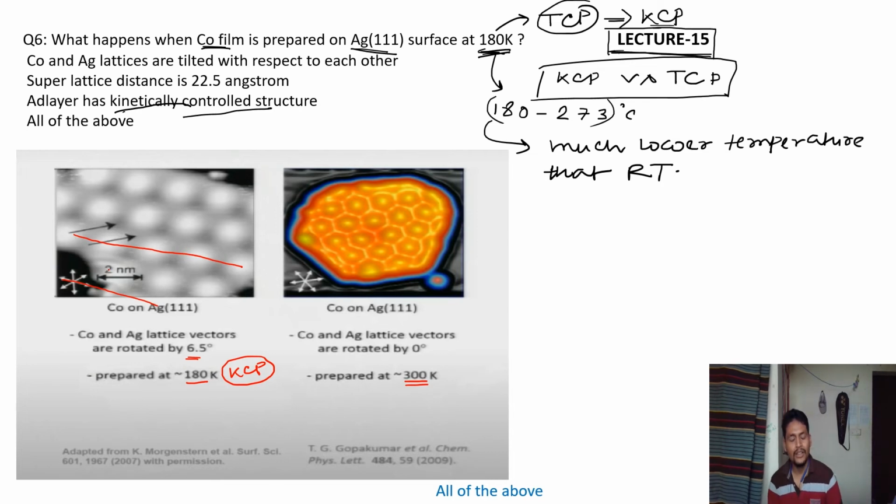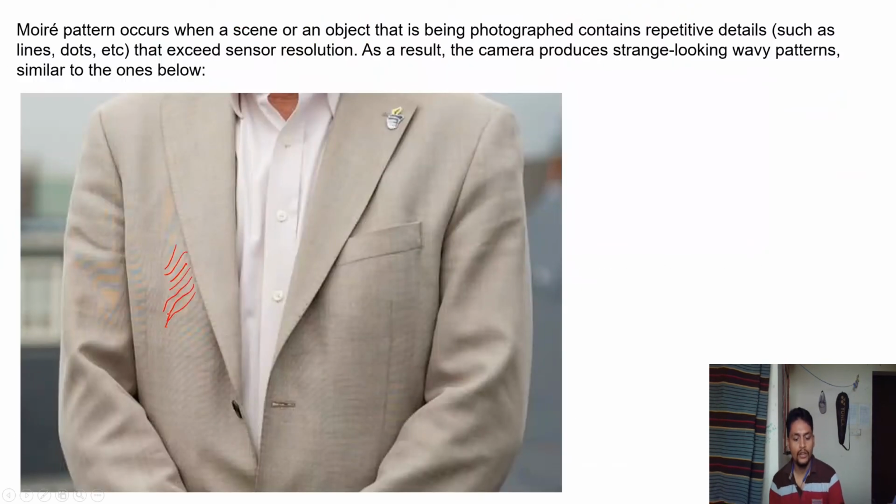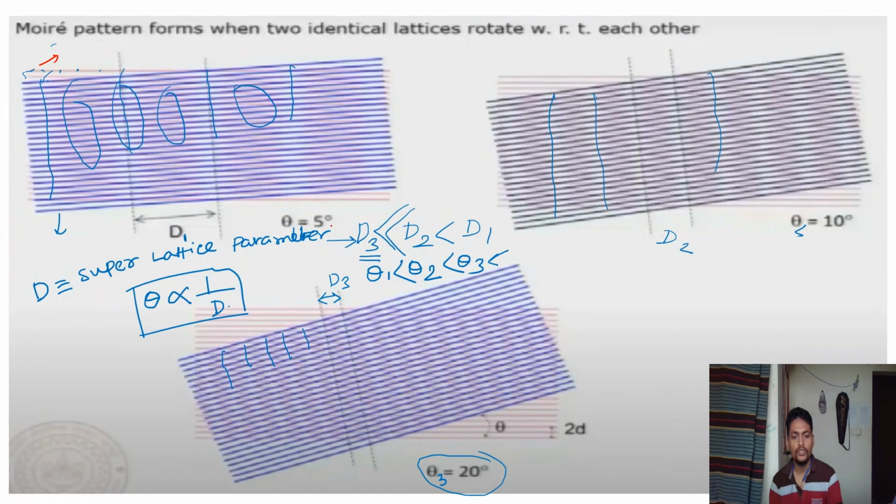So these look kind of similar because the angle is very, very small, 6.5, but they are not the same, because it is actually measured, and the lattice vectors are actually rotated by 6.5 degrees. So obviously we have seen in the case of Moiré patterns that depending upon the angle, we can get the Moiré pattern, and if the angle is higher, the superlattice parameter will be smaller.